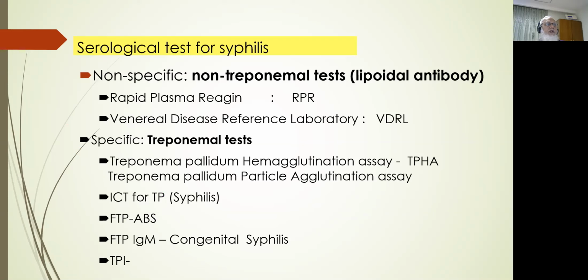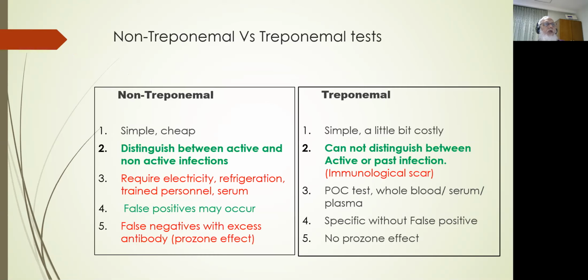A specific test uses the treponemal antigen, and the common tests are Treponema pallidum hemagglutination test, Treponema pallidum particle agglutination test, ICT for Treponema pallidum, fluorescent treponemal antibody test, fluorescent treponemal antibody IgM test for congenital syphilis, and Treponema pallidum immobilization test, of which TPHA and ICT for syphilis are point of care tests and used very frequently. And for congenital syphilis, FTA IgM can be used.